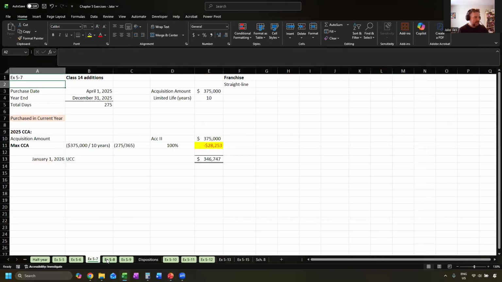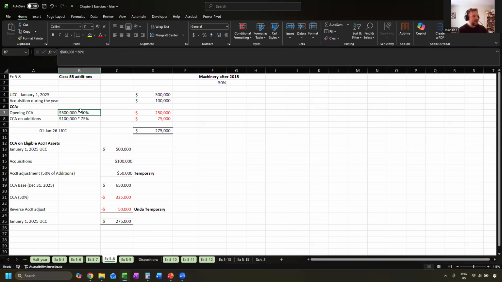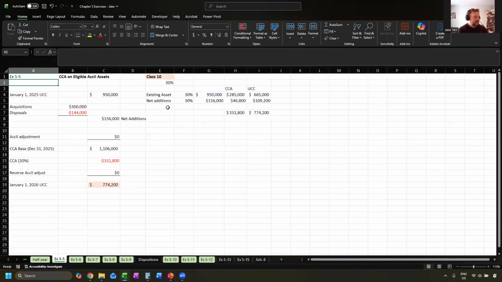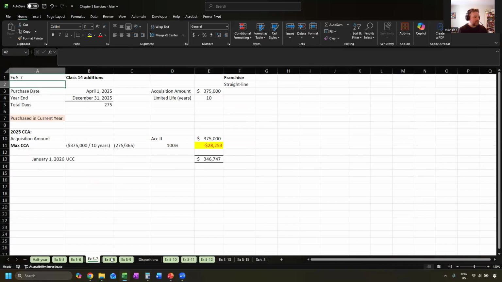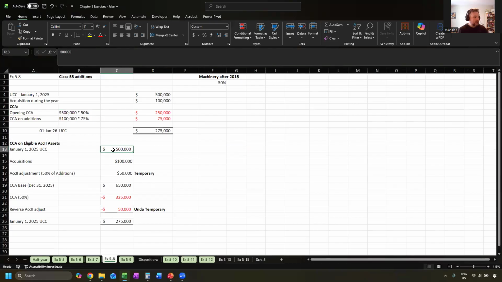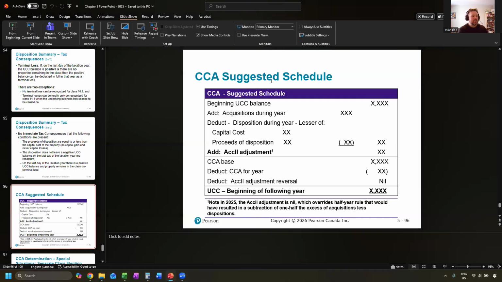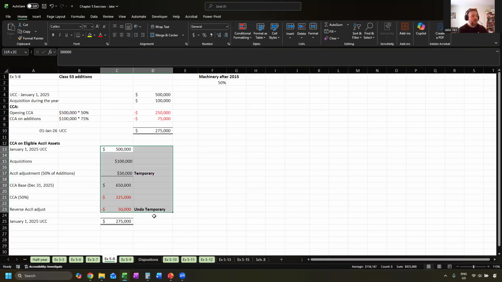When we did the questions or the exercises, I was much more inclined to just do them based on calculations towards CCA, somewhat in this style. But for all of the questions, I always made sure to include this version of the result, which is in line to the suggested schedule from the tax return. So you can still see how the calculation would have been done under the normal formula.